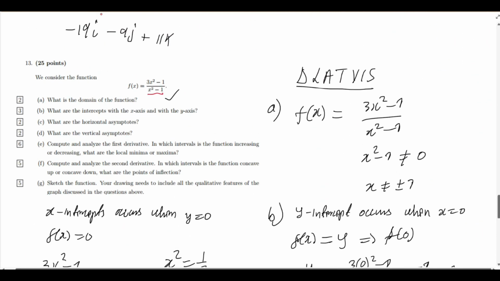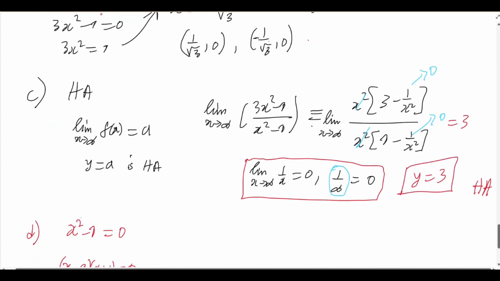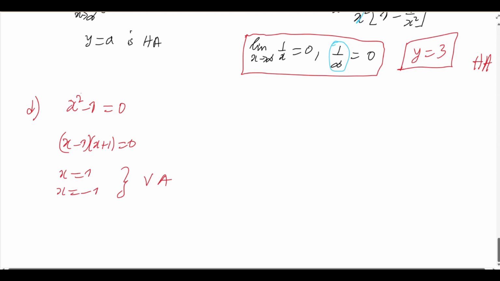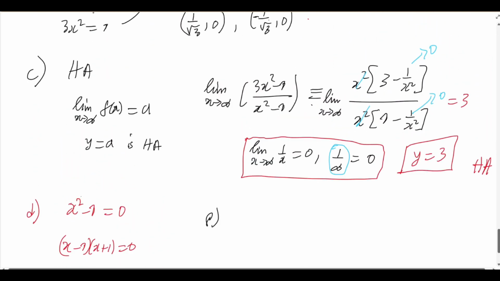Now the next one says that compute and analyze the first derivative of our function. So to compute the first derivative of our function, e says that f of x, which is y, is equal to 3x squared minus 1 all over x squared minus 1.